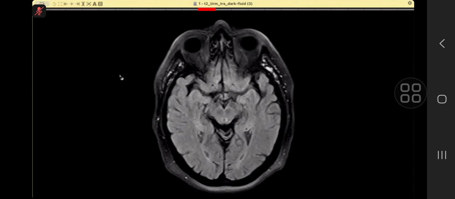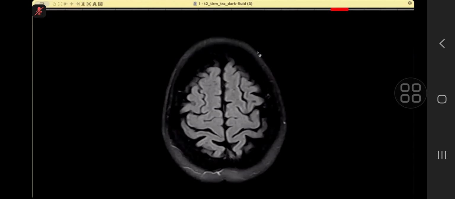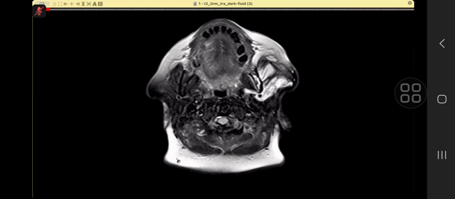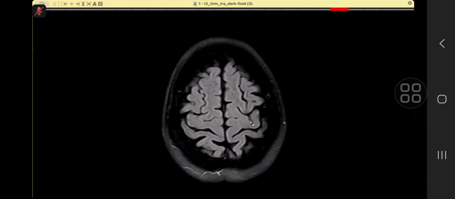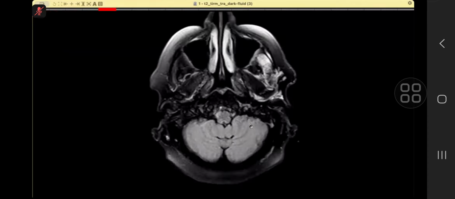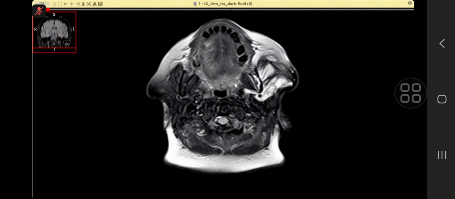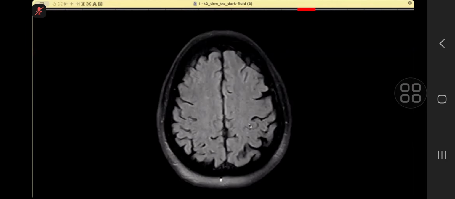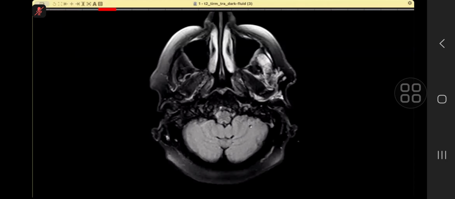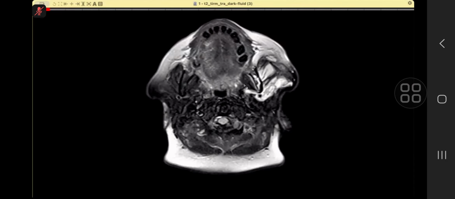Okay, so I'm provided with FLAIR eggshell sequences of the brain. Yes, now I'm able to. So this patient has presented with tinnitus.